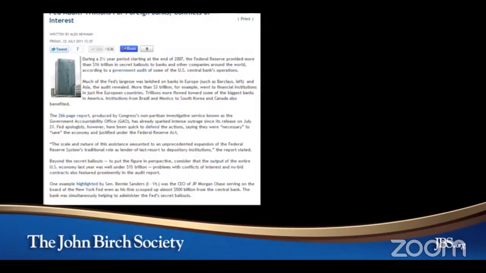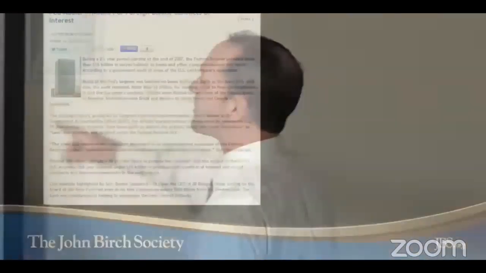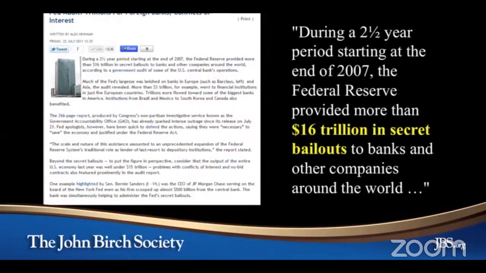He voted for himself to get this bailout. Does that sound like a conflict of interest to you? If ever there was one, that was one. Anyway, so they discovered that starting at the end of 2007, the Federal Reserve, over the period of 2.5 years, had provided over 16 trillion in secret bailouts.